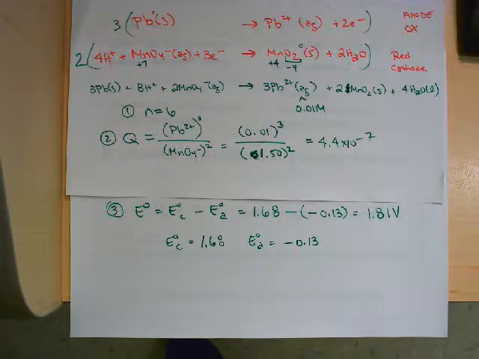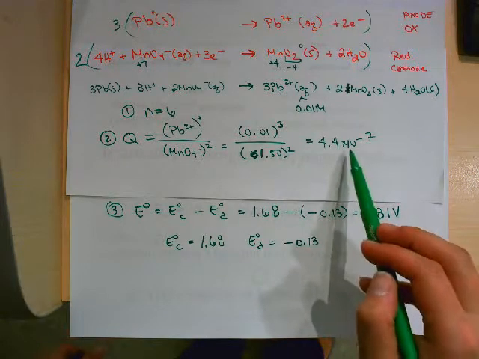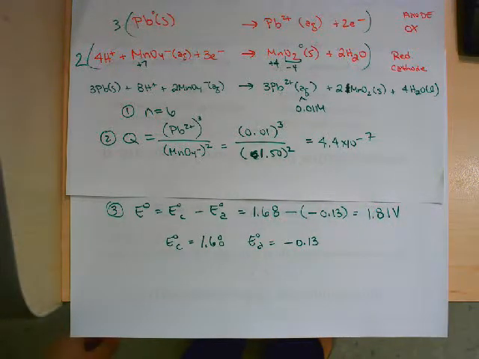Alright, so if everyone was at 1 molar, I would expect to receive a voltage of 1.81. I'm obviously not at 1 molar, so I should not expect this voltage, and because my Q is tiny, I should expect much less voltage. Okay.